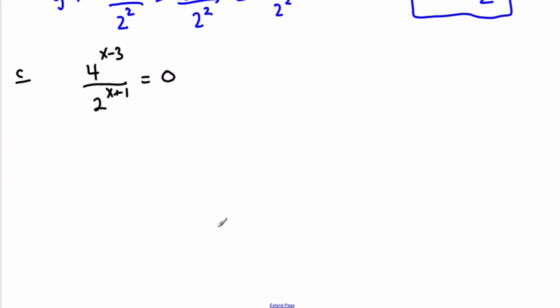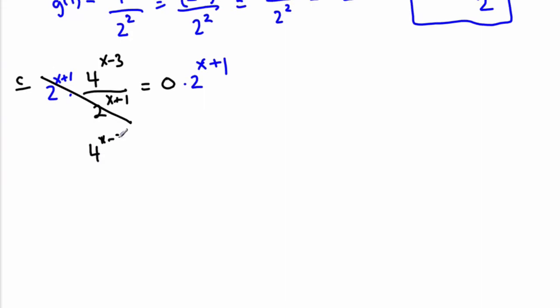I'm going to multiply both sides by 2 to the x plus 1, which will make sure that this cancels, and 0 times anything is still 0. So that's going to be 4 to the x minus 3 equals 0. Now it's kind of a cool trick. Anytime you have a big fraction equals 0, it's always just going to be the numerator, because we can multiply by the denominator on both sides and it's immediately gone. So now we have 4 to the x minus 3 equals 0.